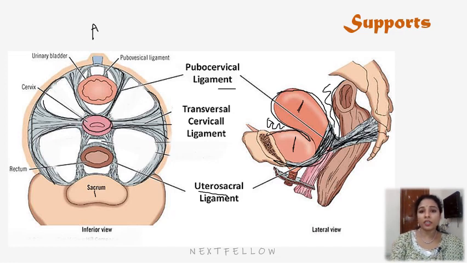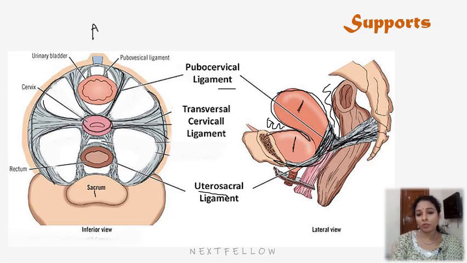So uterosacral ligaments are a pair of fibrous bands which extend from the cervix to the second and third sacral vertebra and pass on each side of the rectum. And the forward pull of the round ligaments helps the maintenance of anteflexed and anteverted positions of the uterus.